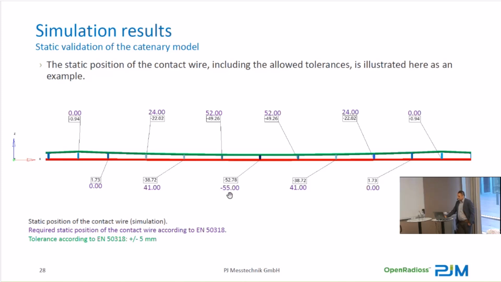We see a vertical position of 53 millimeters. The standard tells us you should have 55, but we are within the tolerances of plus minus 5 millimeters. That's good. This is true for all other positions here as well. So static load case, good. We are within our tolerances. We can continue with the dynamic simulation.